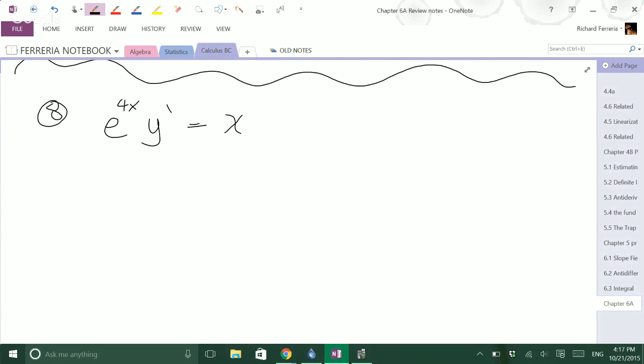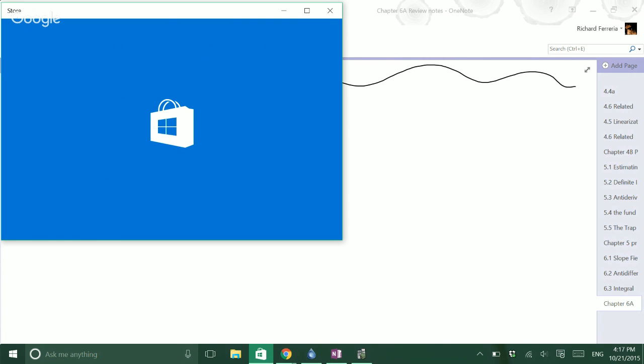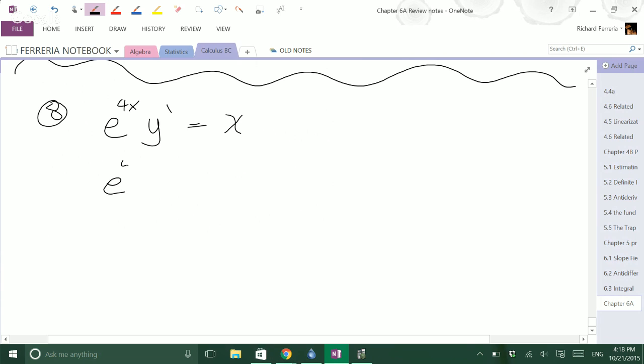So first thing, that y prime is useless in a differential equation. Totally useless. e to the 4x dy/dx equals x. Okay, we want to move all the x bits to the right, all the y bits to the left.